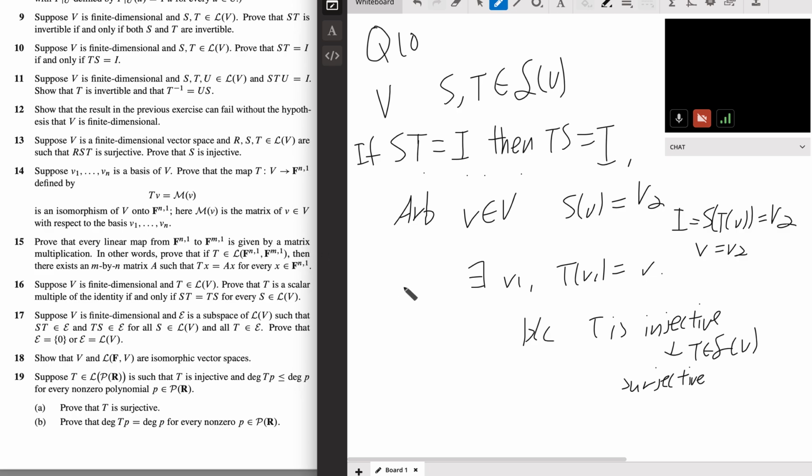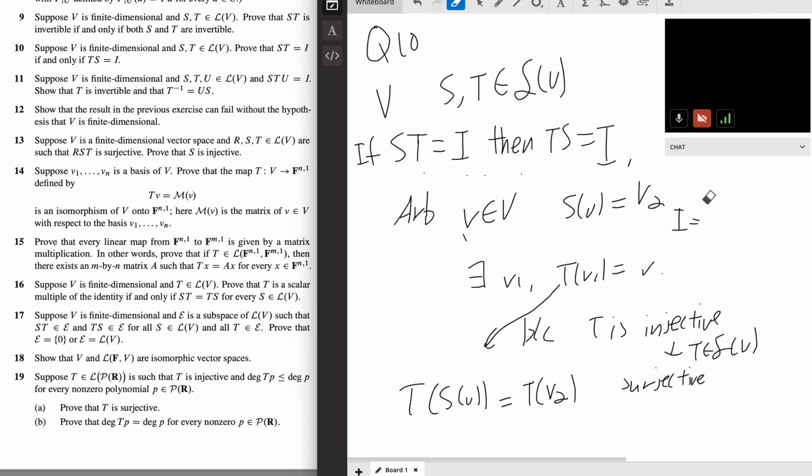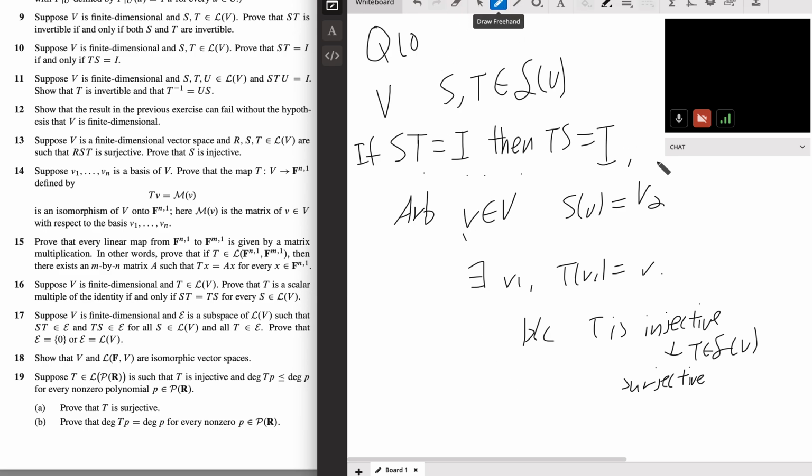And what you can say about that is then, well, T composed with S. This gives you, wait, oh shoot, did I screw up? I think I screwed up. Hold on. I was trying to do this too quickly and I screwed up already. Okay.